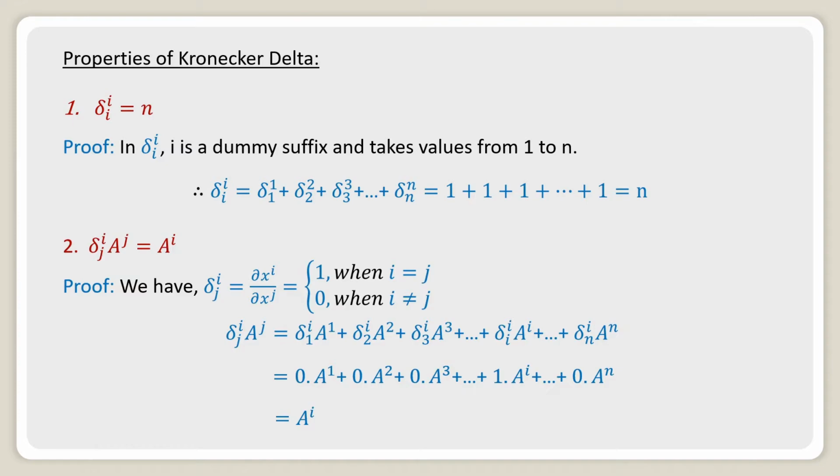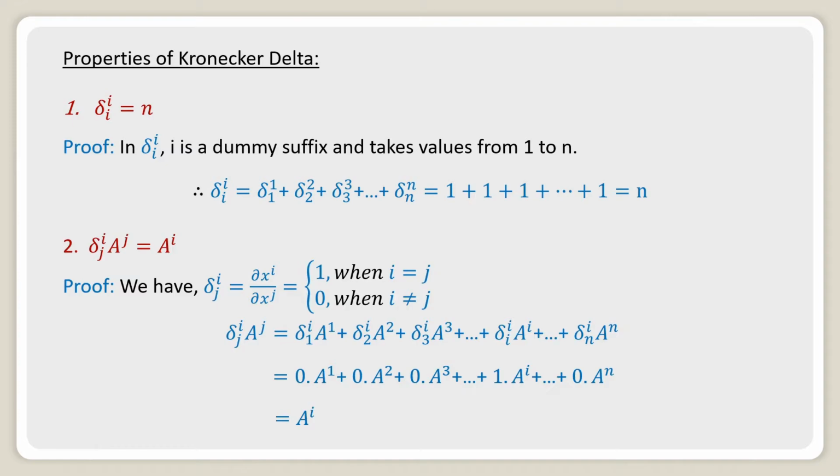The value of the first term, delta i1 into a1, will be equal to 0 because here i is not equal to j. In the second term also the value of delta i2 will be equal to 0.